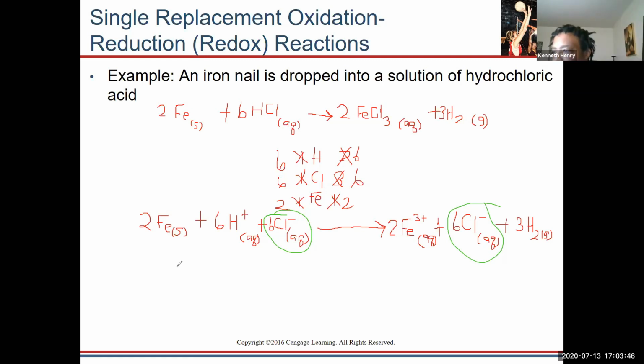Okay, so then our net ionic equation is just going to be the ones without the spectators.